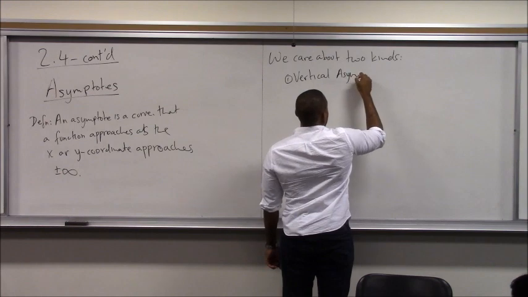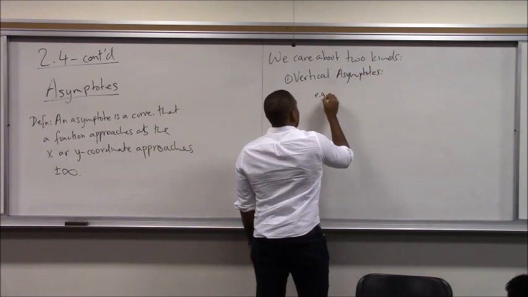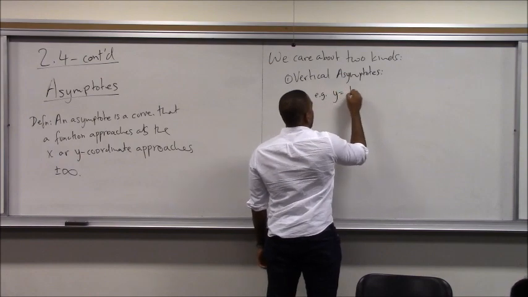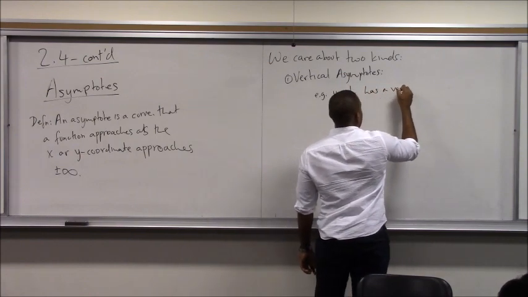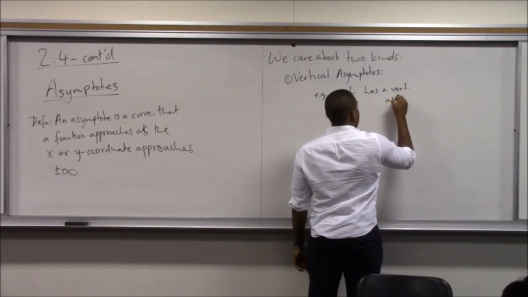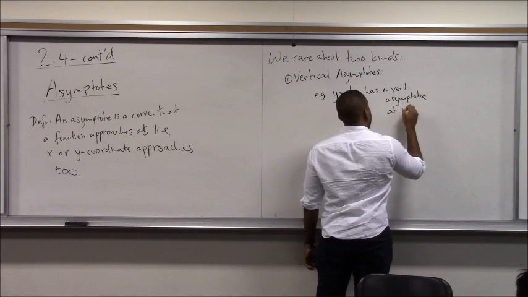Right, so for example, like the graph y equals 1 over x has a vertical asymptote at x equals 0.